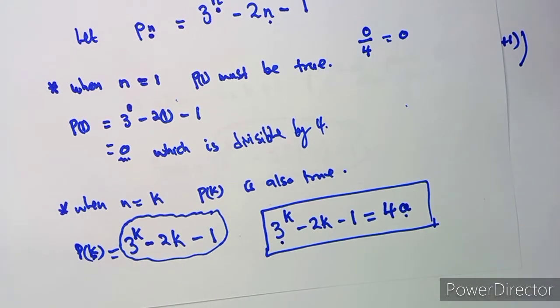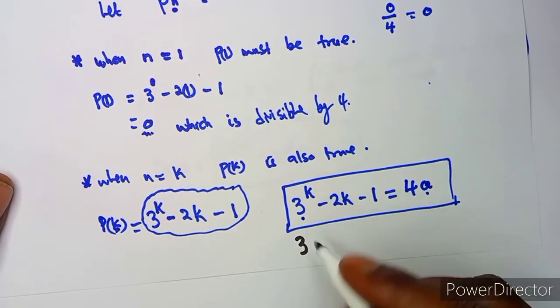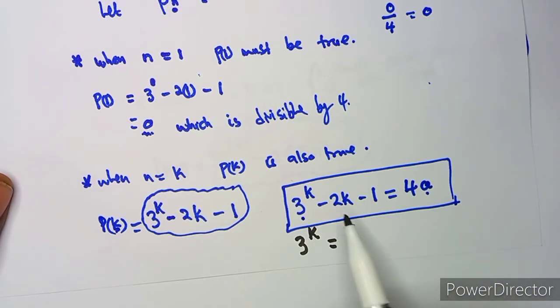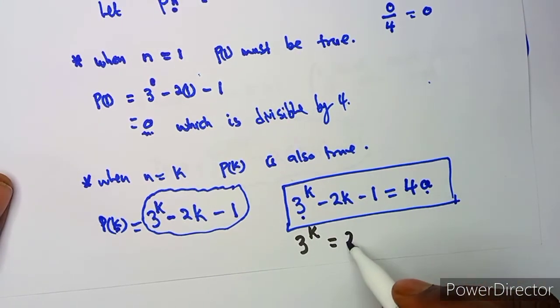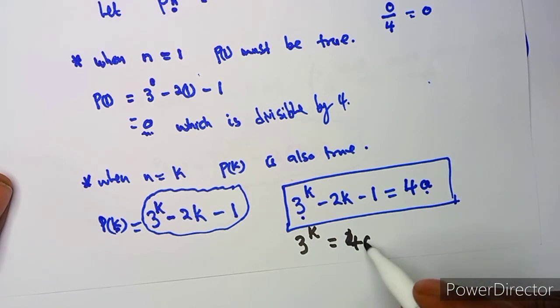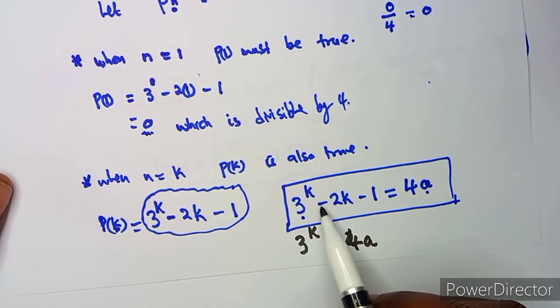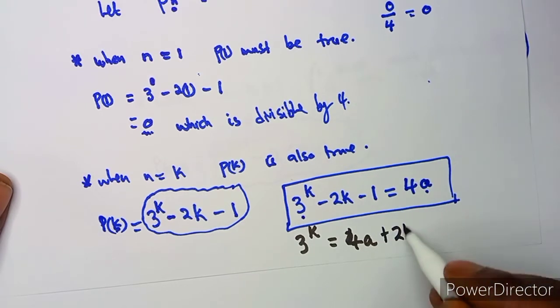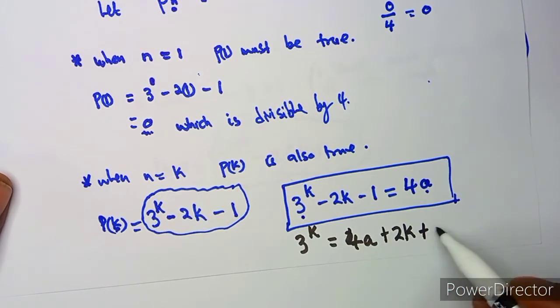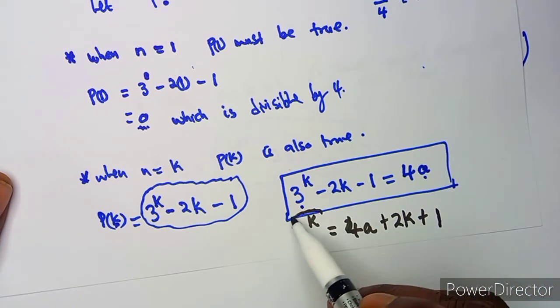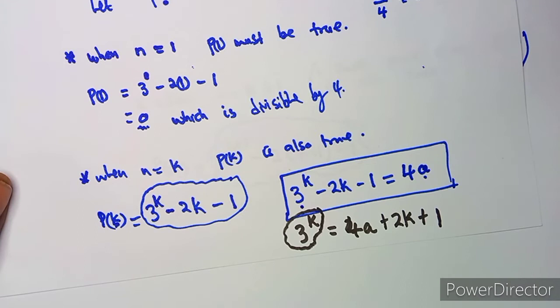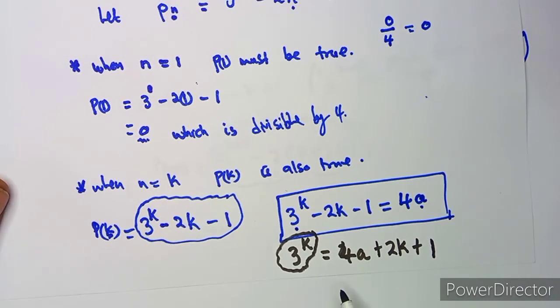So from this part, I can make 3 to the exponent of k the subject. 3 to the exponent of k is equal to, if I transpose to the other side, the positive 4a, the one which was already there, minus 2k to this side gives positive 2k, and minus 1 to this side gives a positive 1. So I've written 3 to the exponent of k as the subject of the formula.